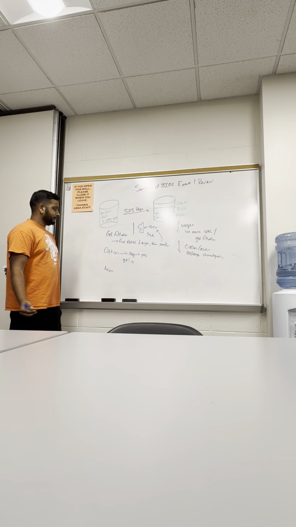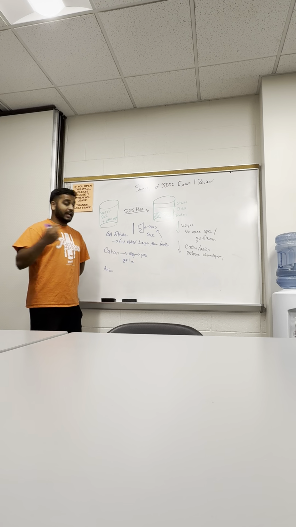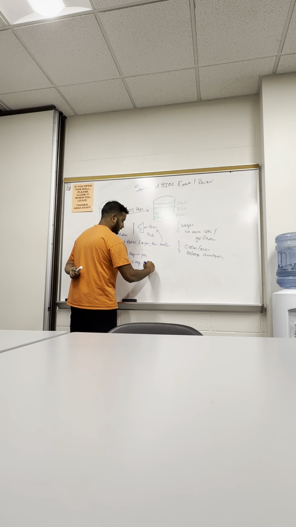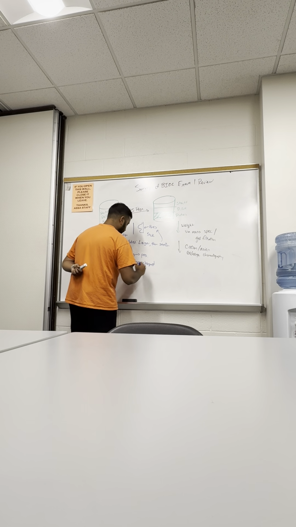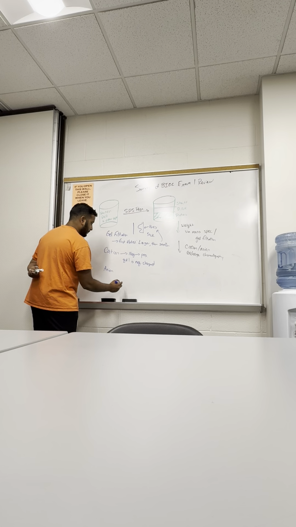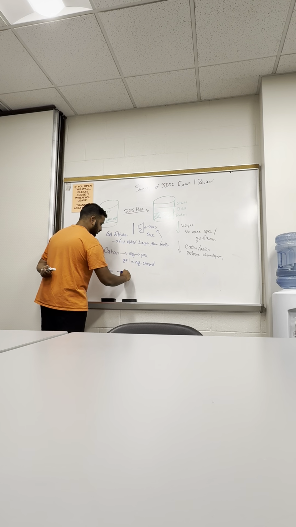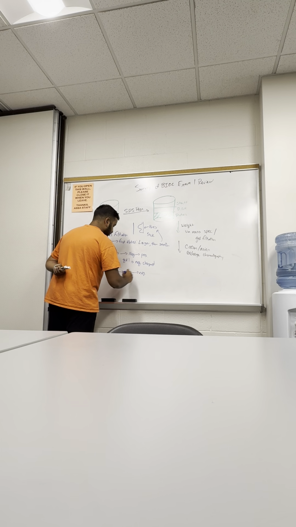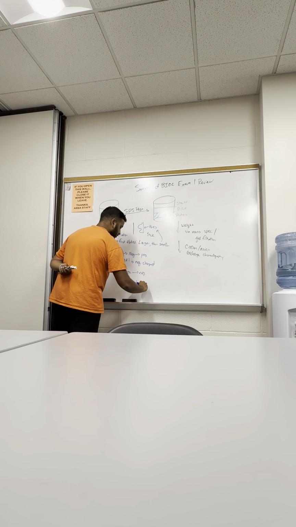For cation, the gel will be negatively charged because it attracts positive. And anion is the exact opposite: positive comes out, then negative, and the gel is positive. Gel is plus, yes.